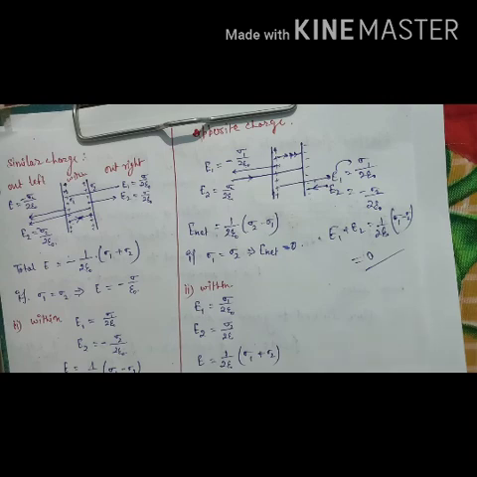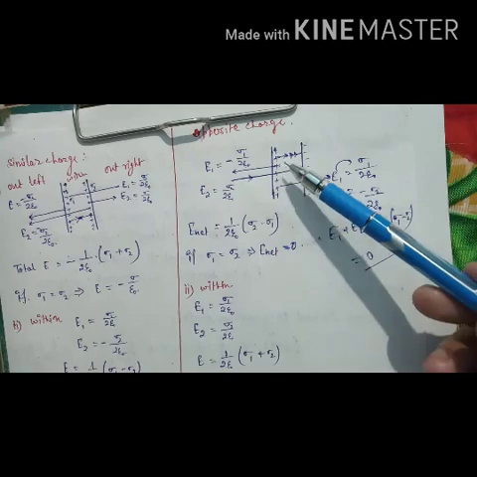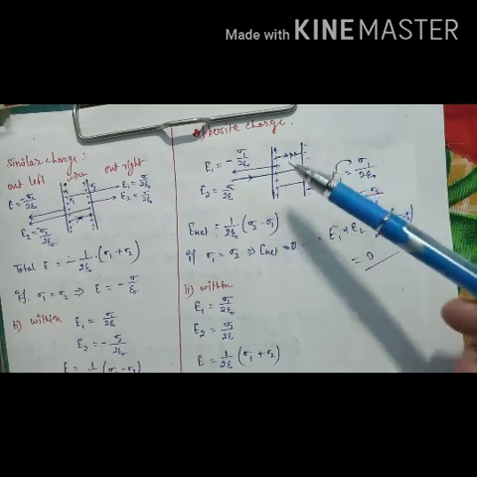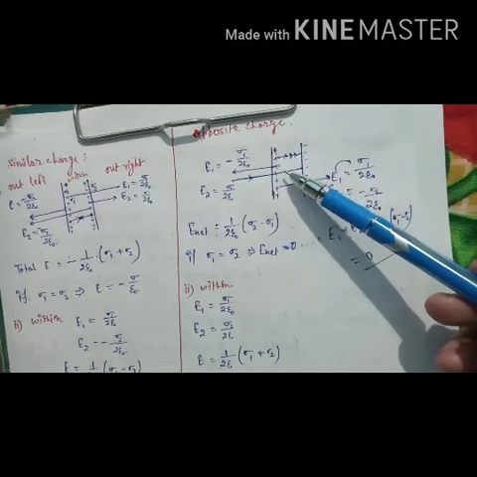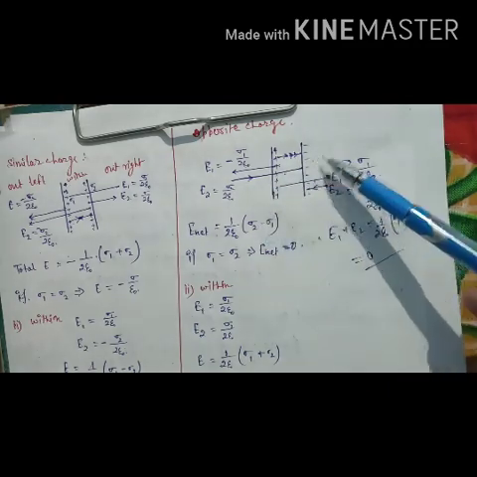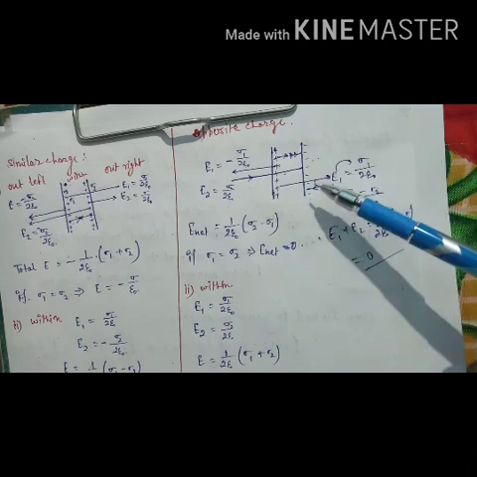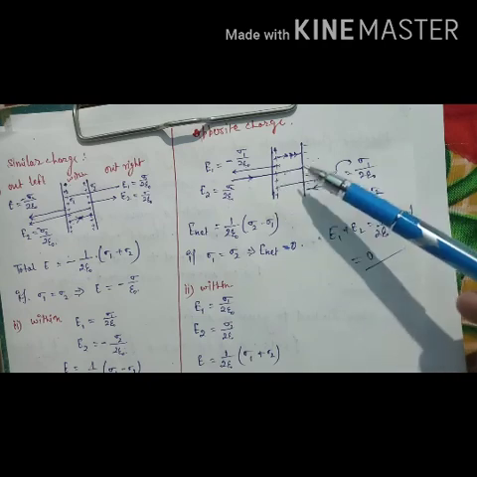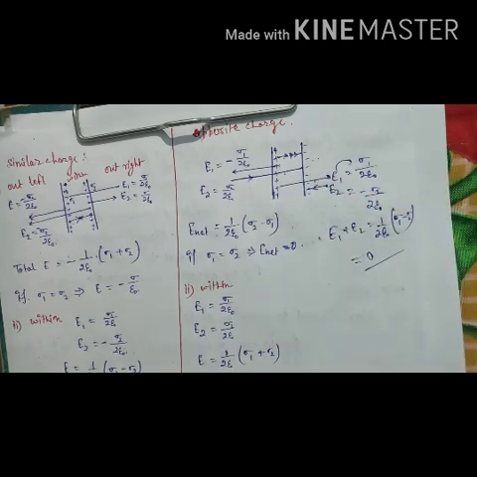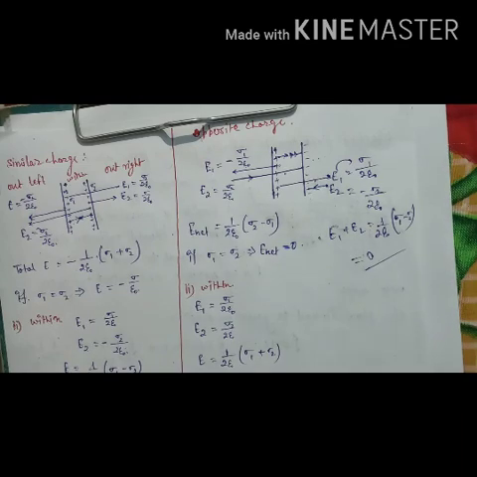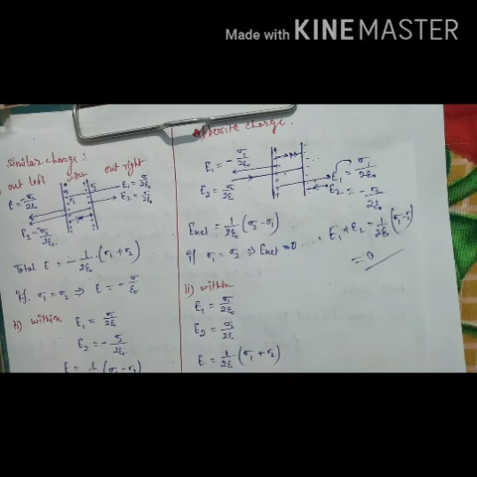But whenever we have opposite charges, then the electric field has some value inside, but outside on both sides it will be 0 when the surface charge densities are similar. It is very useful when we study about capacitors, then we use this thing and we discuss it in that video.